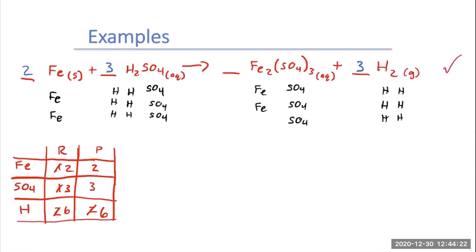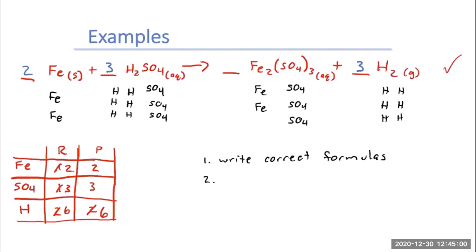Check mark. You always want to first write the correct formulas. So write the correct chemical formulas. If you don't write the correct formulas, balancing is going to be very difficult.